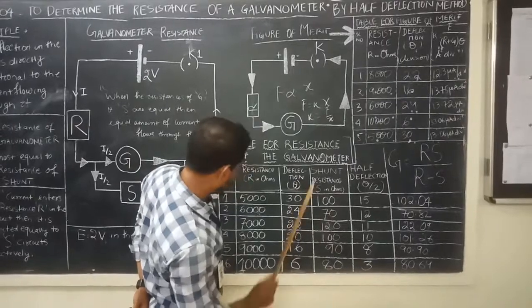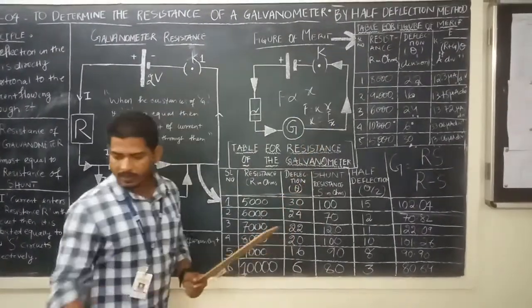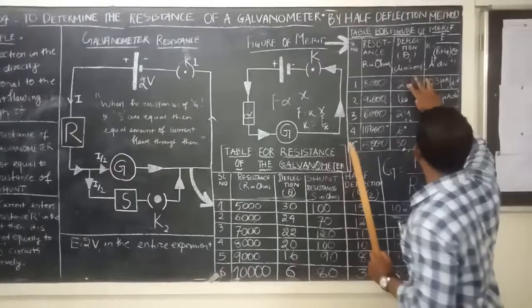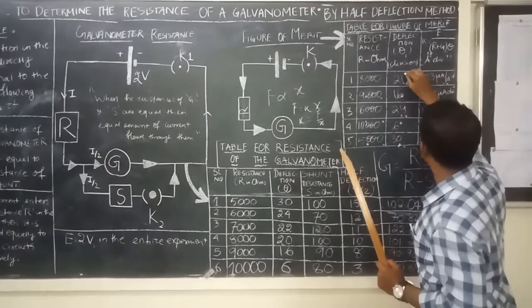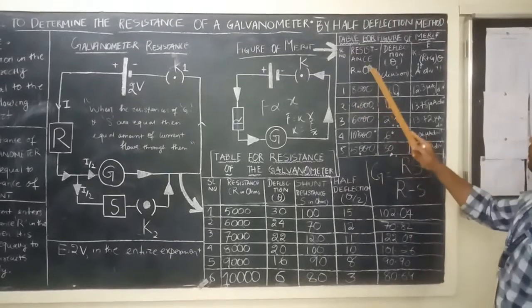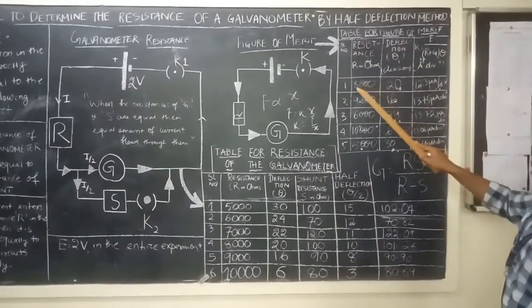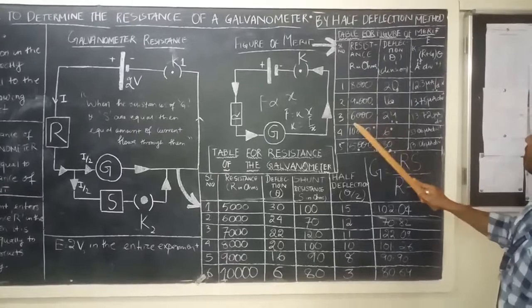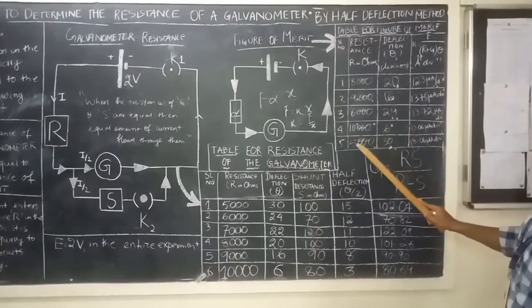Slide, we will do some rectification. The deflection for 8,000 is 20, for 9,000 is 16, for 6,000 is 24, for 10,000 is 6, and for 5,000 is 30.